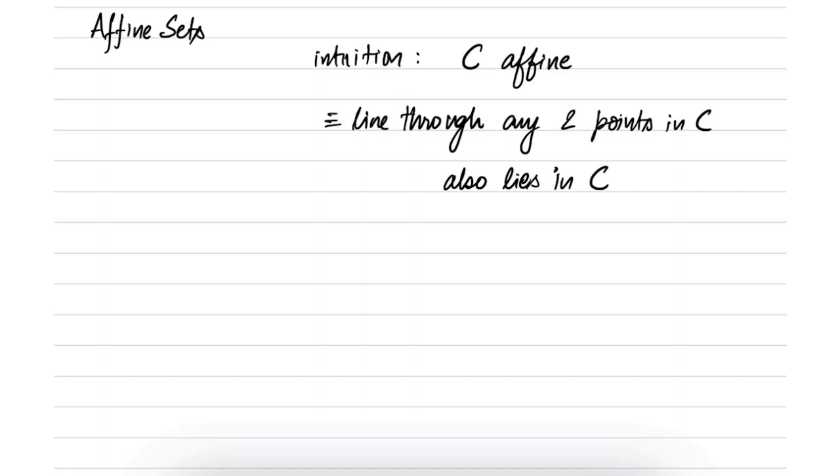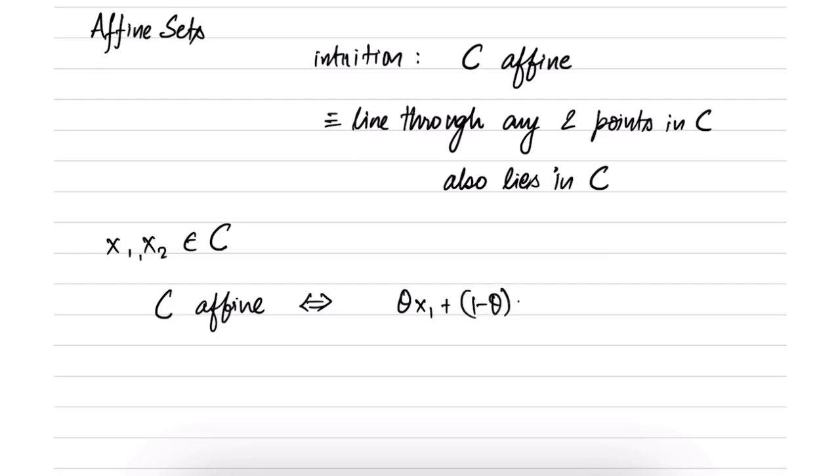A mathematical way to say the same thing is that suppose that x1 and x2 are 2 points that belong to C. So for instance, if C is in Rn, then x1, x2 would also be vectors in Rn. Then we are saying that C is affine, and this statement is equivalent to saying that the line passing through x1 and x2, so that line is given by theta times x1 plus 1 minus theta times x2.